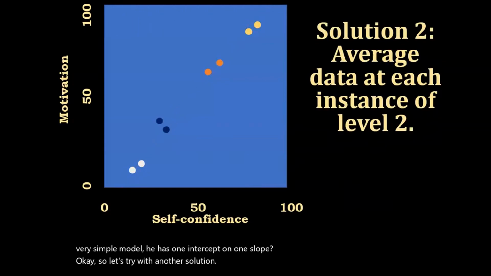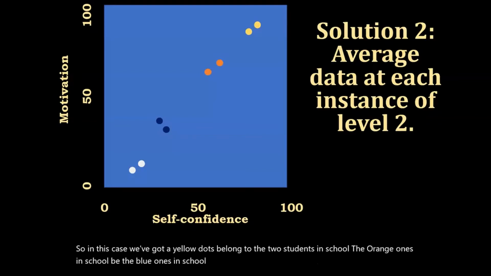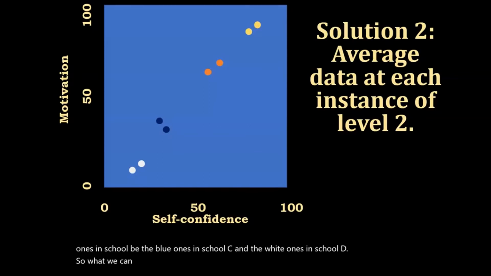The solution number 2 is one that is done regularly in experimental designs, which is to average data at each instance of level 2. So in this case, the yellow dots belong to the 2 students in school A, the orange ones in school B, the blue ones in school C, and the white ones in school D. So instead of using these 8 observations, we average at each school.